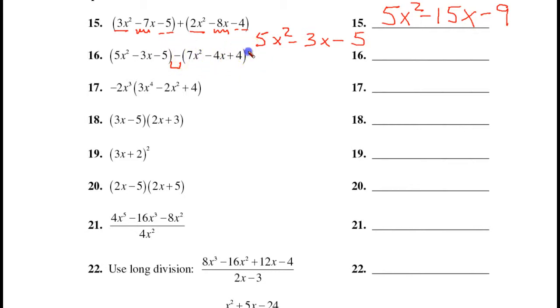So this is going to be a negative 7x squared. This is going to be a positive 4x. And this is going to be a negative 4. So remember to change each sign, like term columns, whether you do it horizontally or vertically, you get the same answer as long as you do it correctly.